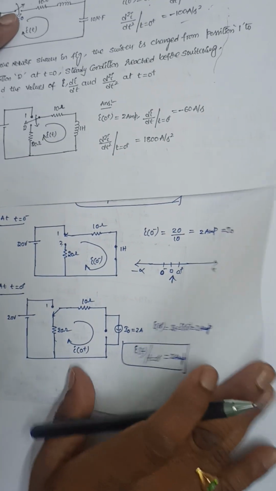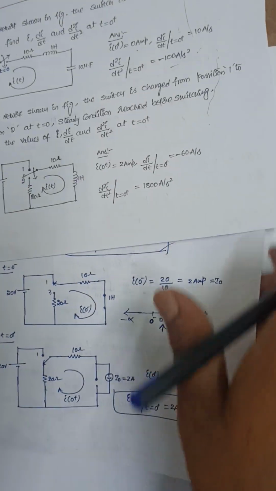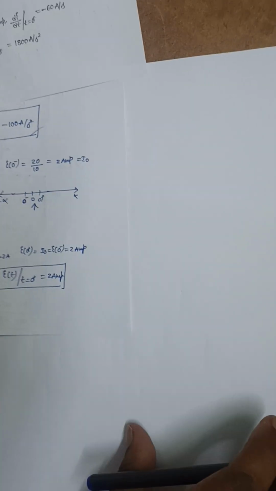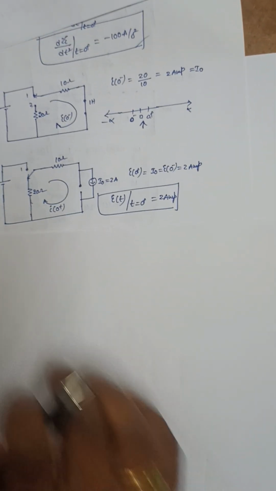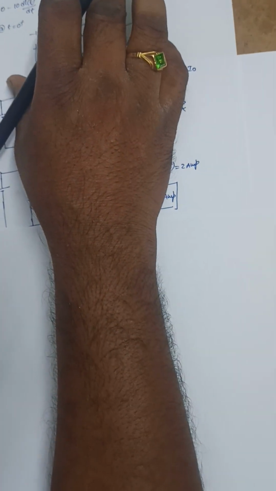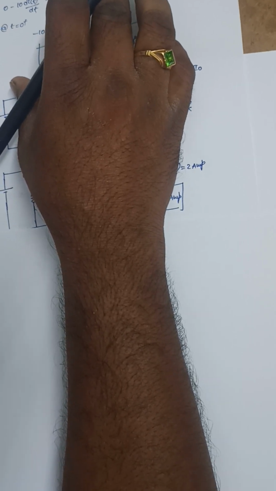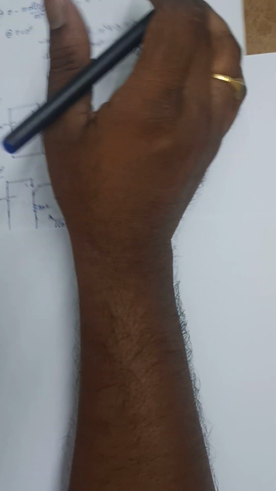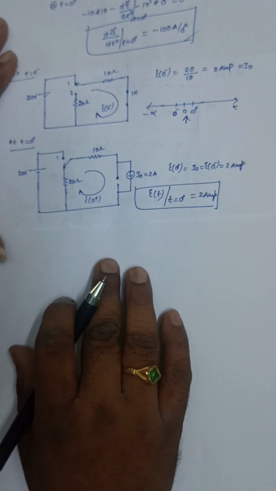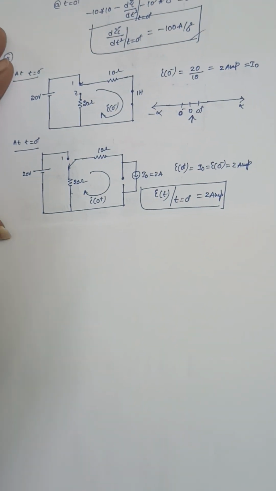Next, I need to find di by dt and d square i by dt square for the circuit. To find this di by dt, I have to draw the circuit for t greater than 0 and write the integro-differential equation.